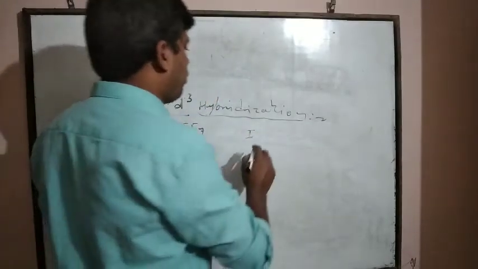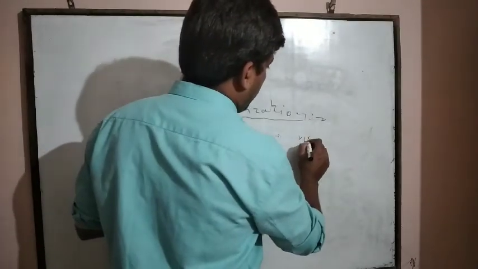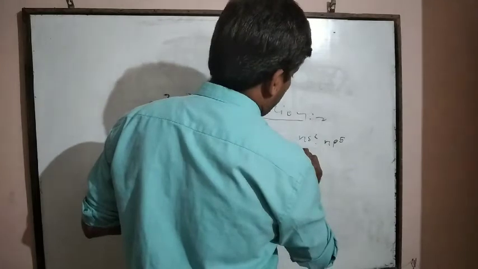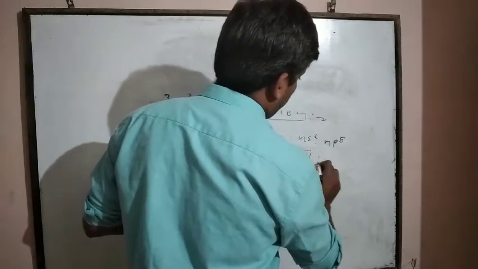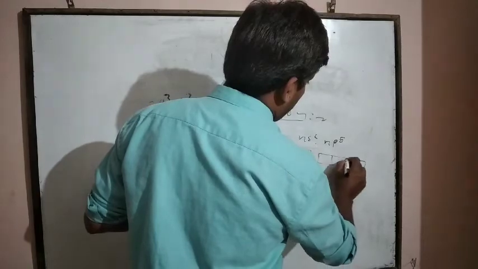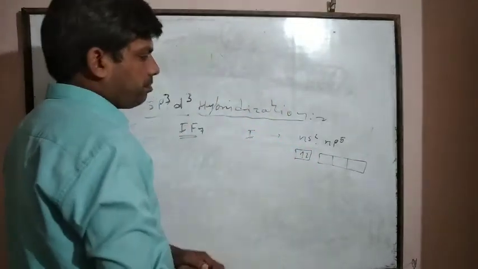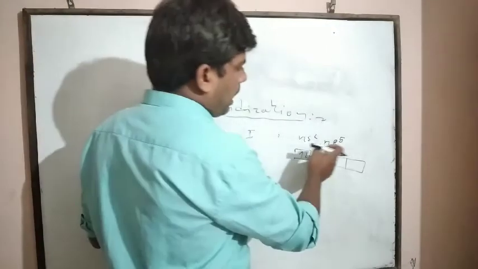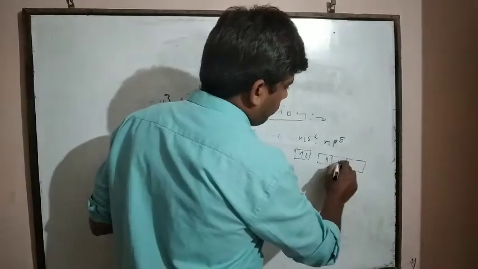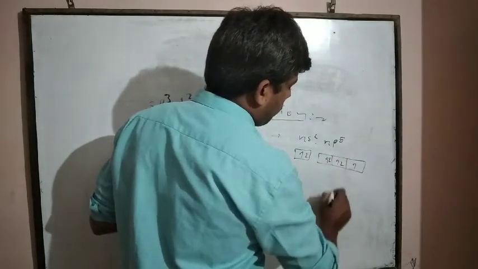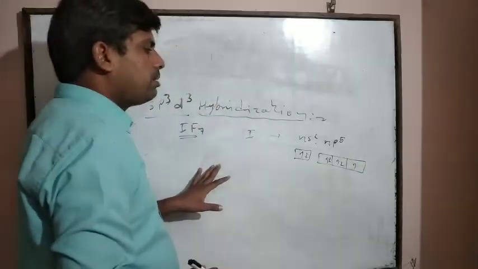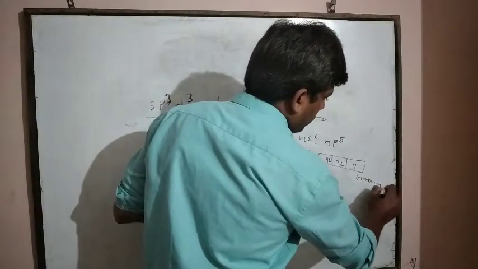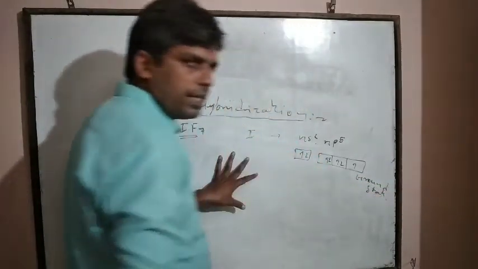The last electronic configuration of the last shell of iodine is like this: ns2 np5. In ns2, 2 electrons are present, and in np5, 5 electrons are present, and d is vacant. This is the ground state. But in the excited state what happened?